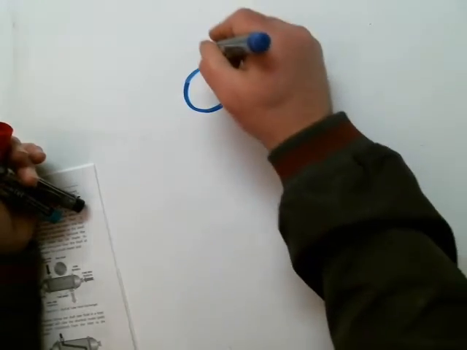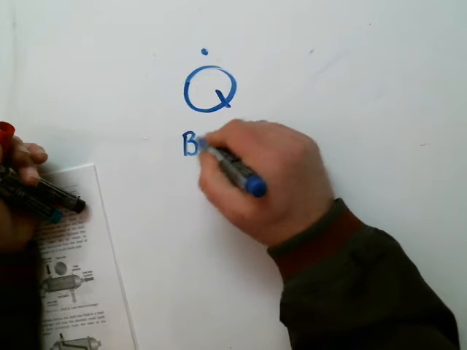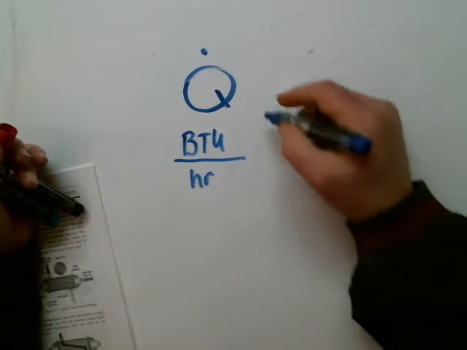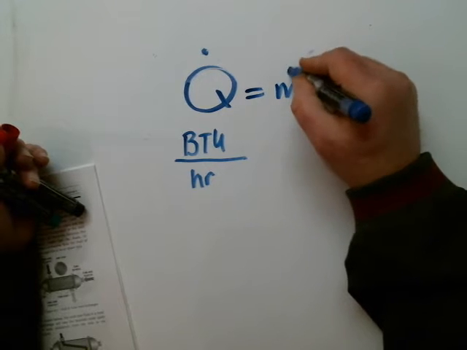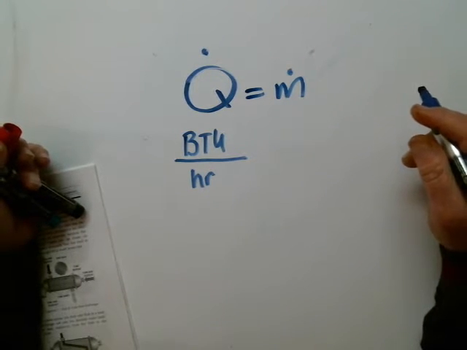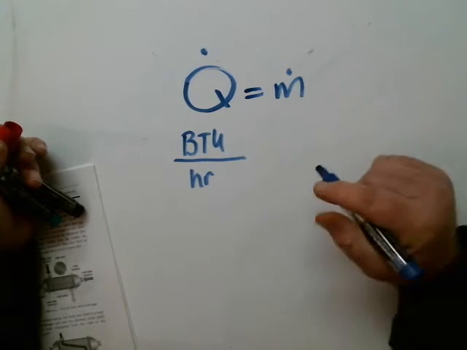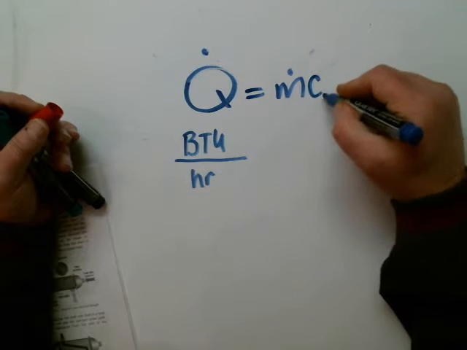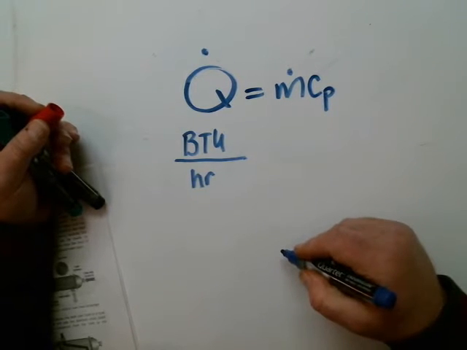Next equation has limitations on it. Q dot, once again, in BTUs per hour, which we know we could convert to megawatts, is equal to, once again, the rate at which we're sending the fluid, water, or oil, or whatever, to the heat exchanger, times this. It's called a specific heat capacity.